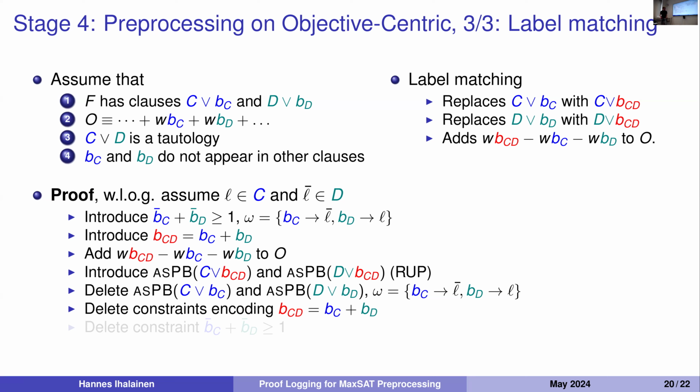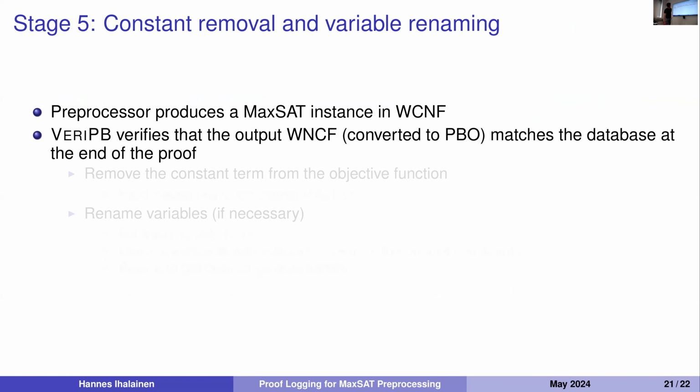And then we can delete the constraints that encode this BCD. And finally delete the constraint inserts here first. Okay. So we are almost done.